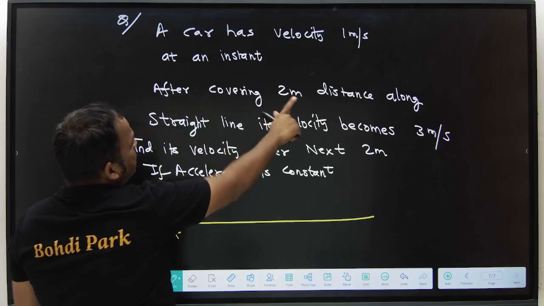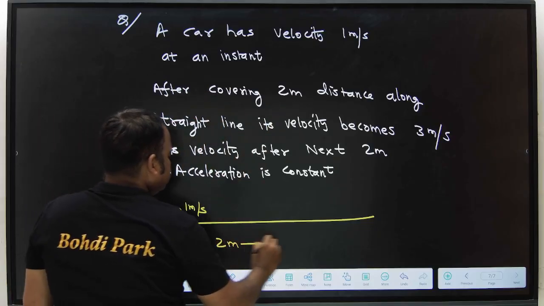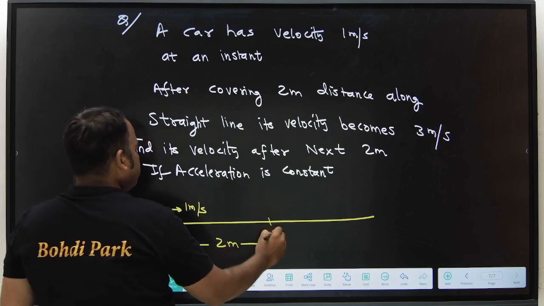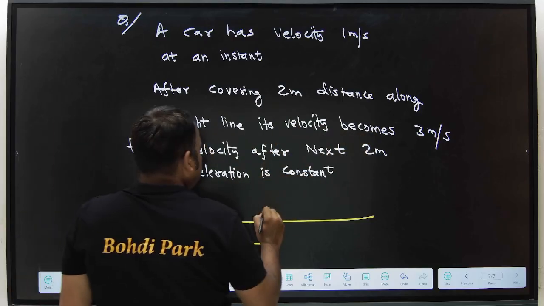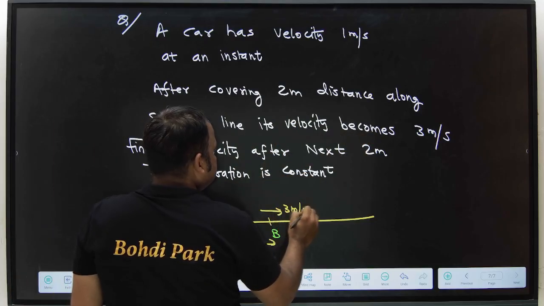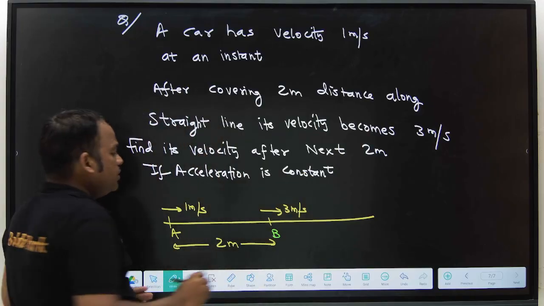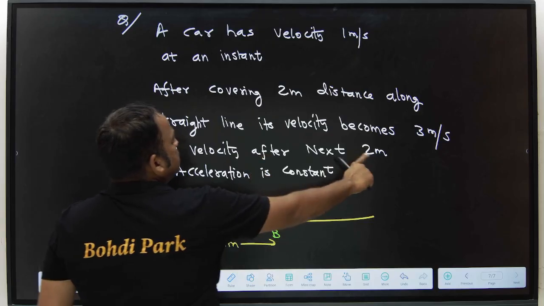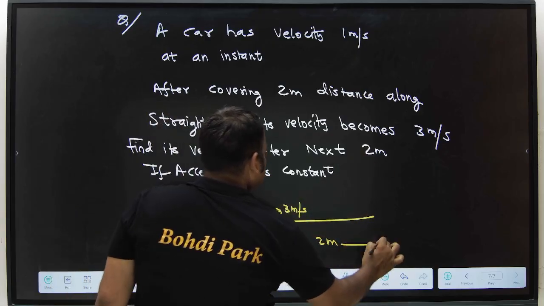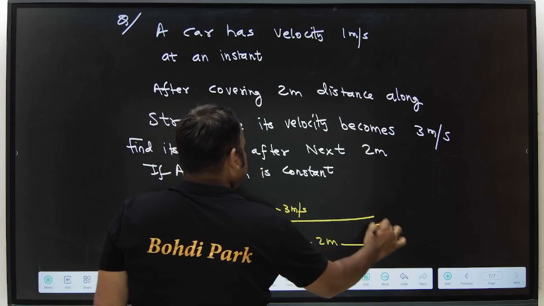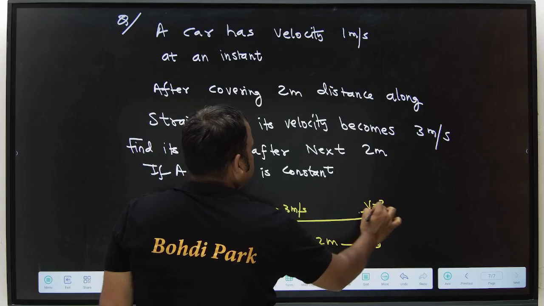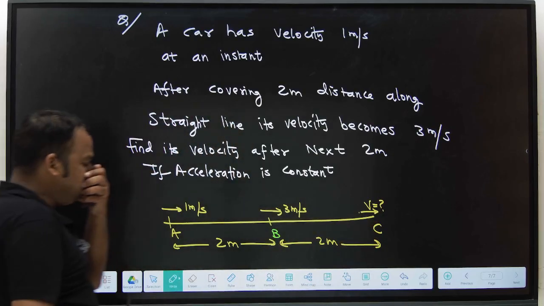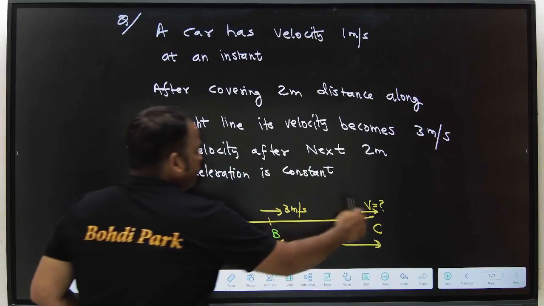And after covering 2 meter distance, say the particle is at B. At B, the velocity is 3 meter per second. And after covering next 2 meter, the velocity at C, suppose that point is C, the velocity is V.